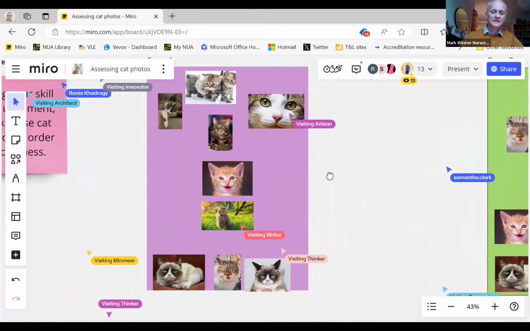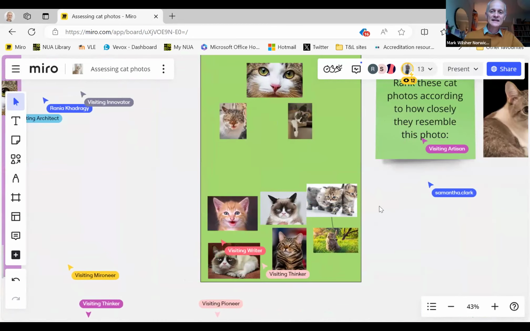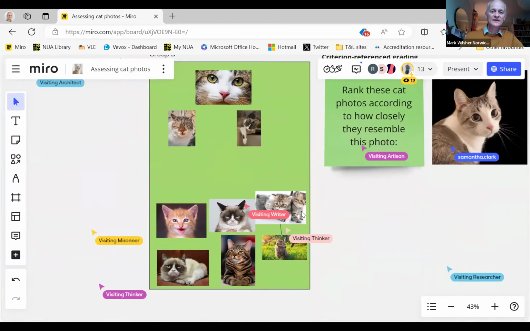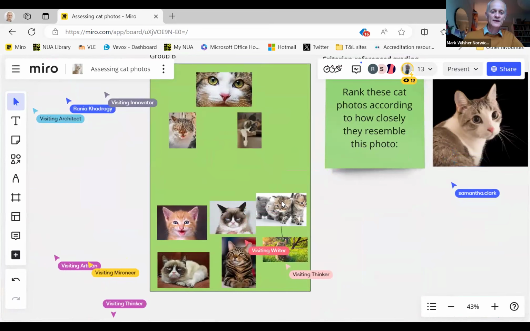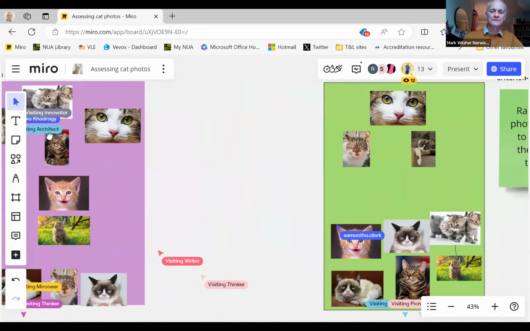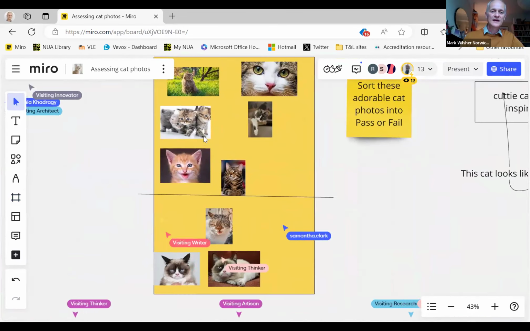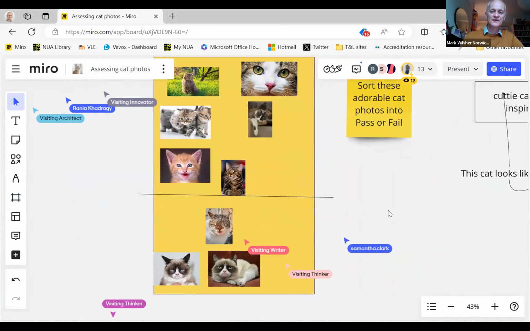At the bottom, the grumpy cats. Here, interestingly, when it came to criterion reference grading, the group of kittens was sort of way in the middle. Well, we did still have a grumpy one down the bottom. And we have this face up the top, which scored pretty well before. Pass or fail, the group passed, the grumpies failed.